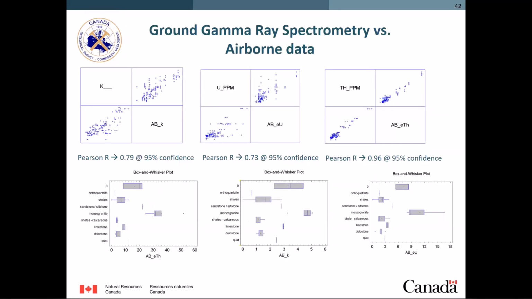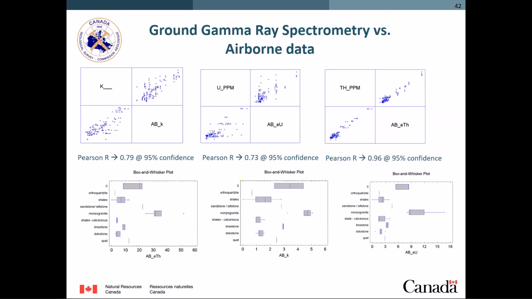What happens if we look at our field points when we're out in the field, and we ask, what's the variation of different lithologies in our gamma ray data that was collected with an airborne sensor, and what happens if we take our ground spectrometer out in the field and try to measure different lithologies, and see what the correlation is.